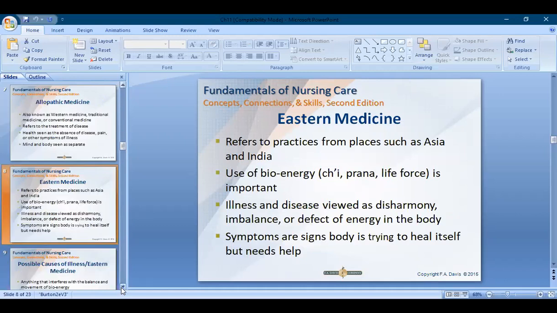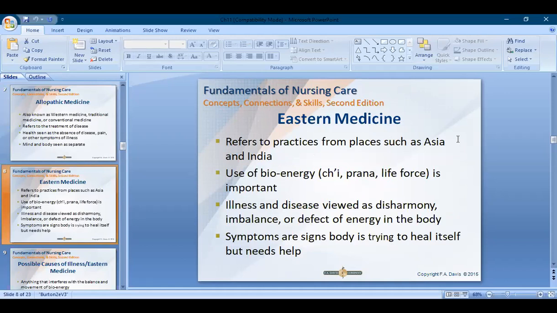Now go next, it is called Eastern medicine, right? Not Western. Western medicine is allopathic medicine, traditional medicine, or conventional medicine. Eastern medicine is basically Chinese medicine. It refers to the practice from places such as Asia or India.